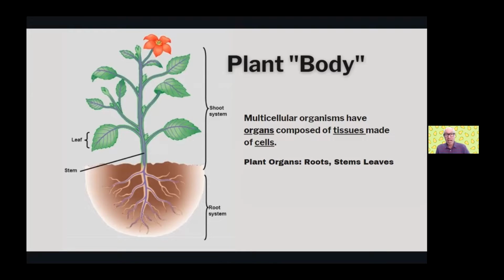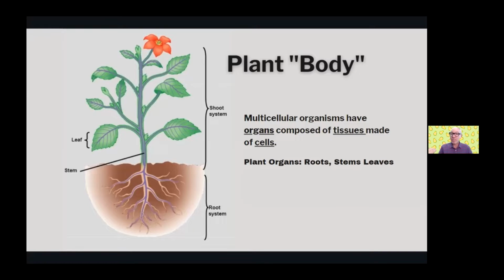And just like animals, plants have organs that are groups of tissues composed of cells, and each organ has a particular job to do. So again, if you extrapolate that into what you know about animals, humans, we're multicellular organisms.